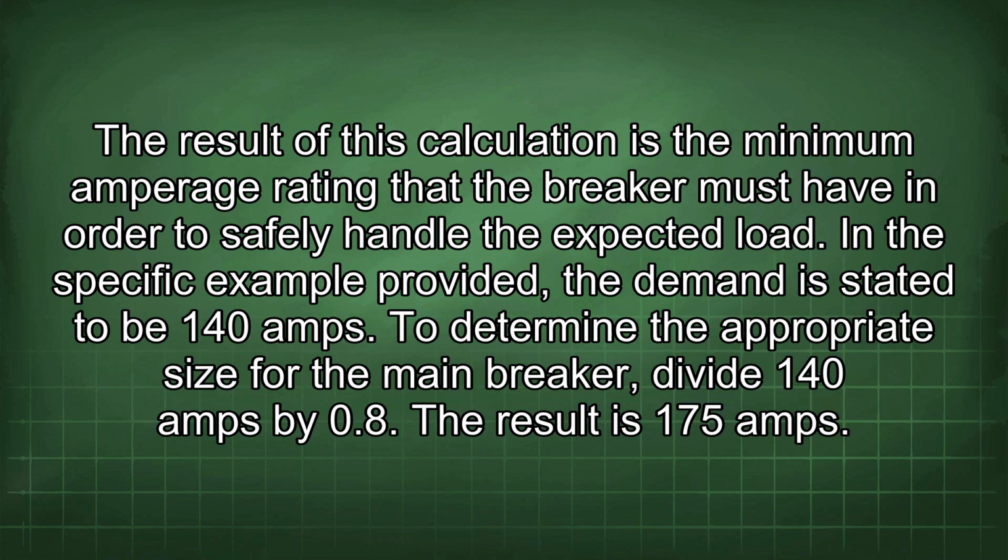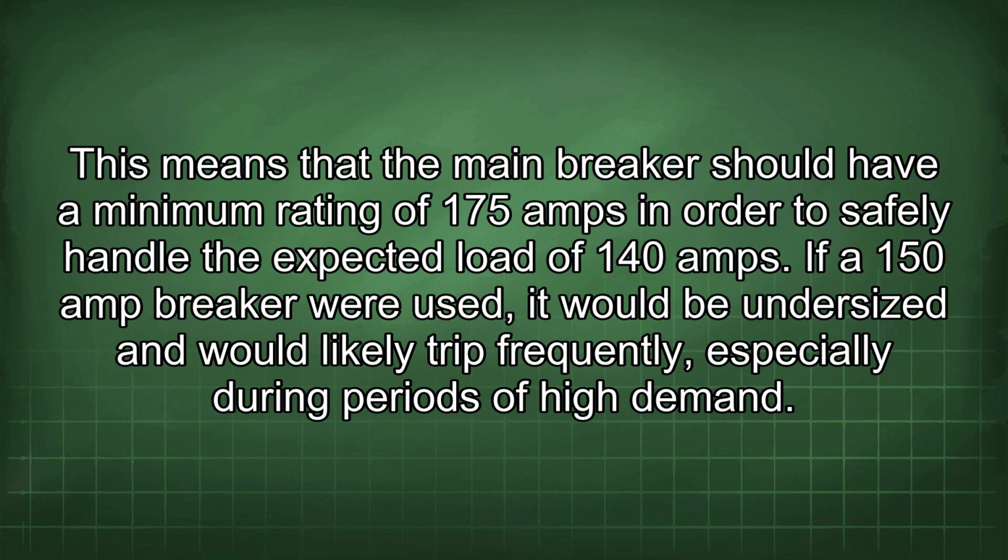In the specific example provided, the demand is stated to be 140 amps. To determine the appropriate size for the main breaker, divide 140 amps by 0.8. The result is 175 amps. This means that the main breaker should have a minimum rating of 175 amps in order to safely handle the expected load of 140 amps.